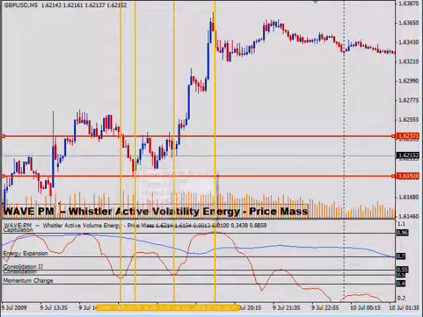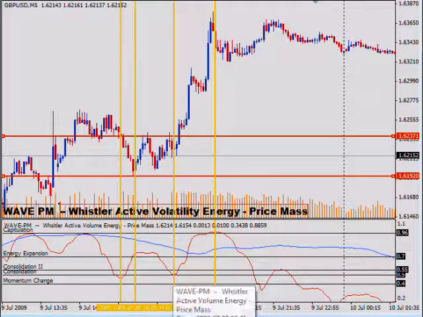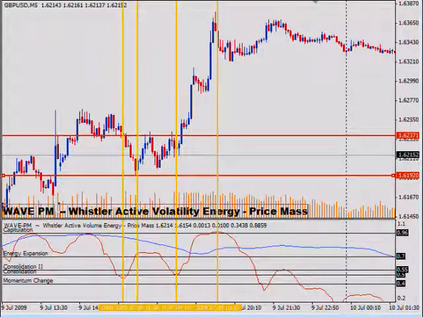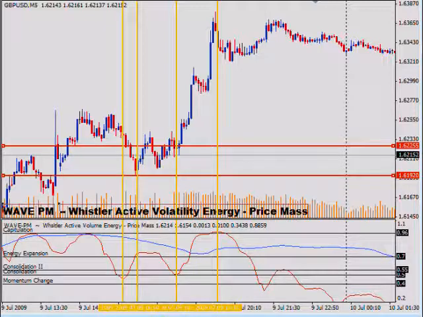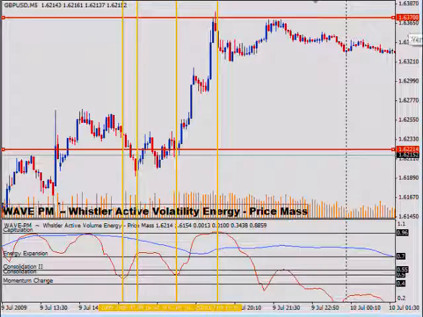Again, when we see price mass begin to expand again on a short-term basis, we see the pound US dollar rally from 1.62152 all the way up into the 1.6370 roughly area.